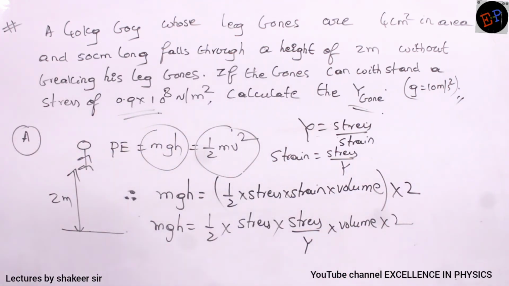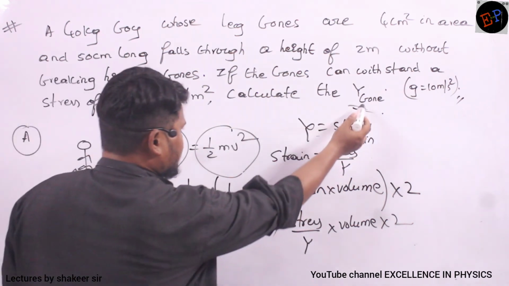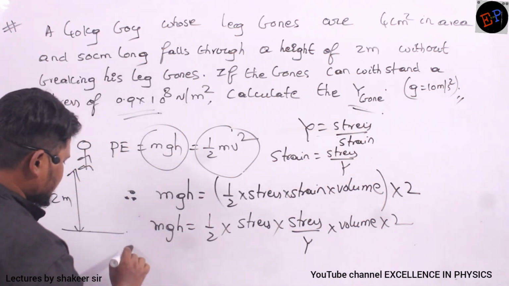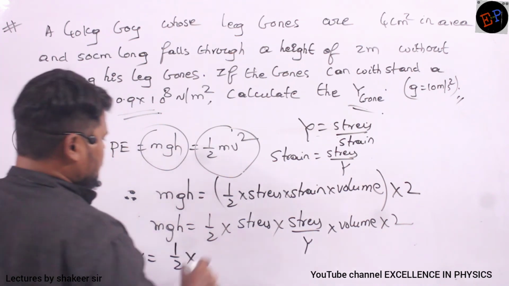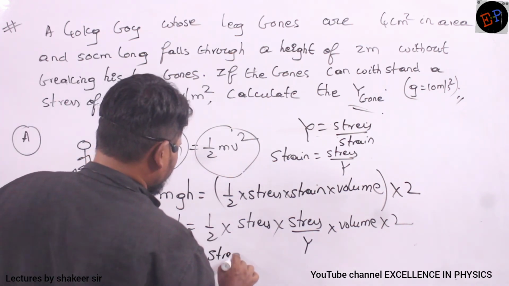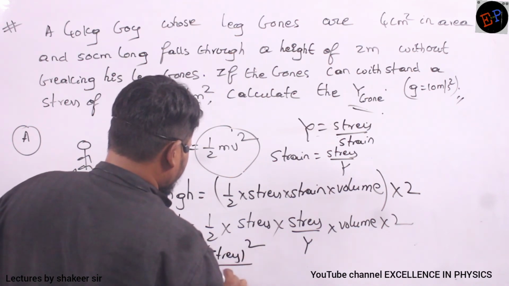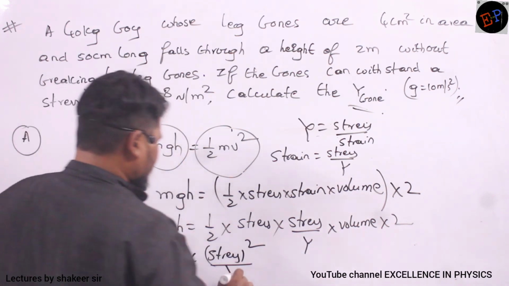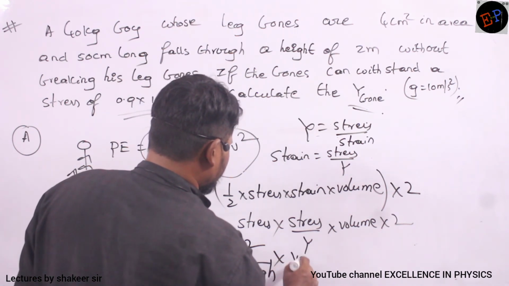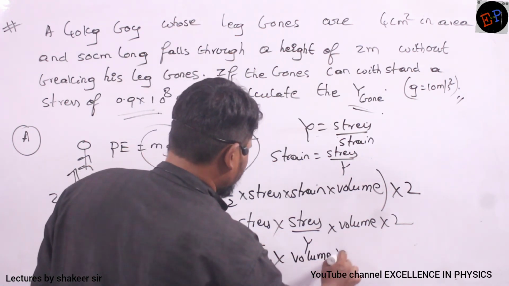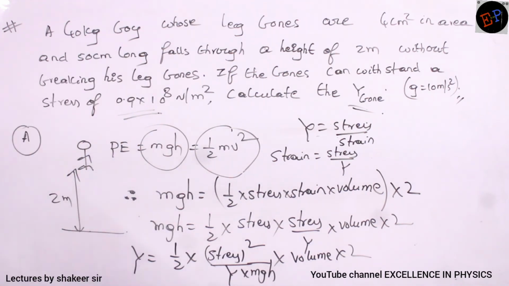Okay. We are asked to calculate Young's modulus. So take Young's modulus to this side. Young's modulus is equal to half into stress square divided by mgh, multiplied by volume, multiplied by 2. Is it clear?